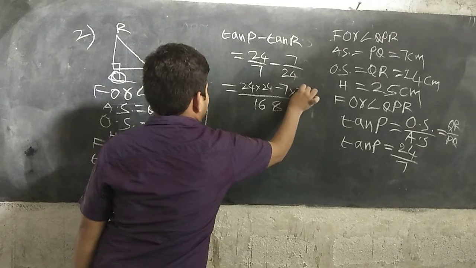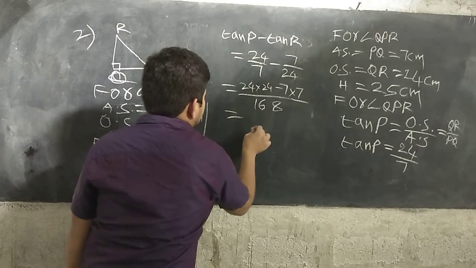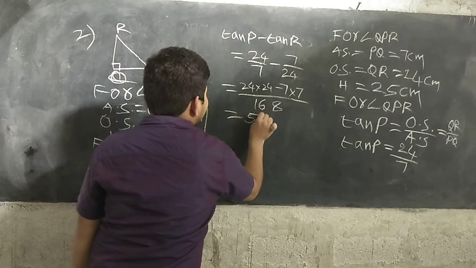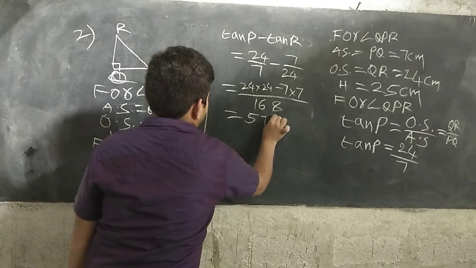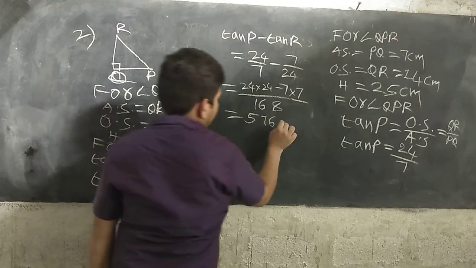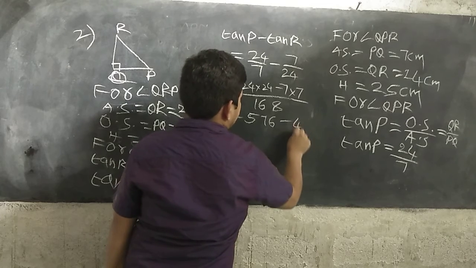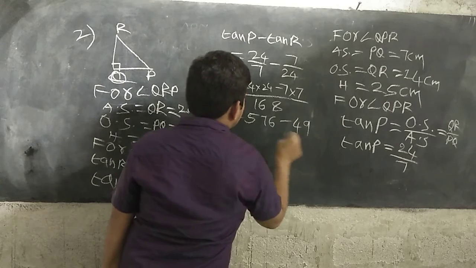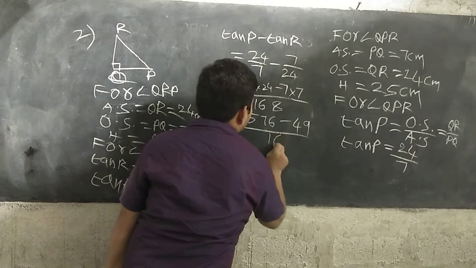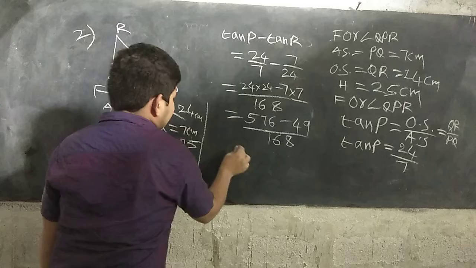That is nothing but 24 times 24, 576, minus 7 times 7, 49, by 168.